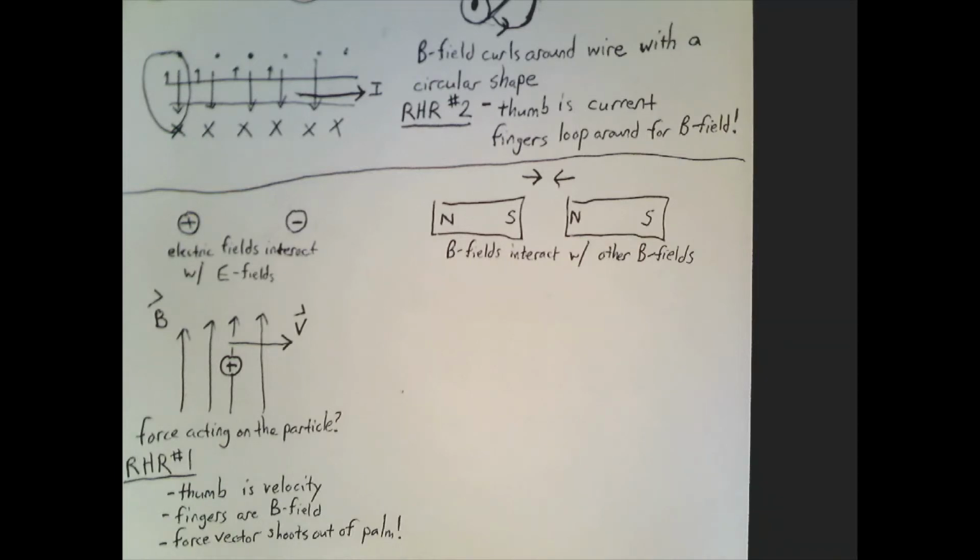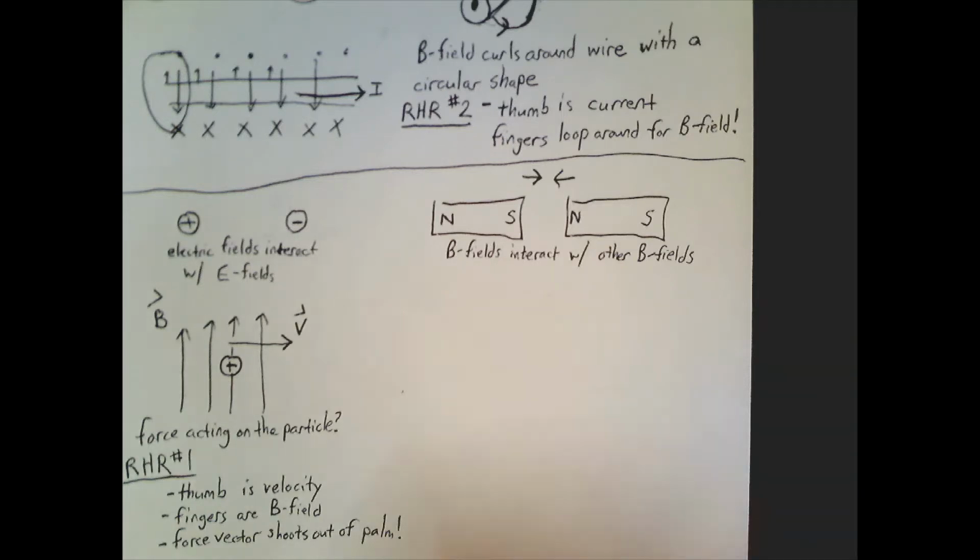So you can always find the force vector by applying this right-hand rule. If you are missing one of the other vectors, maybe you don't know the B field, but you know that this particle is going to the right, and I know that it's being deflected upwards, I can figure out what the B field has to be by making my thumb and palm match what's going on.